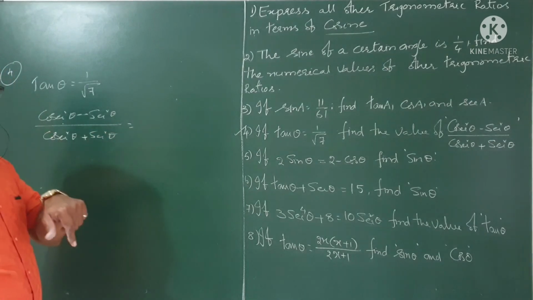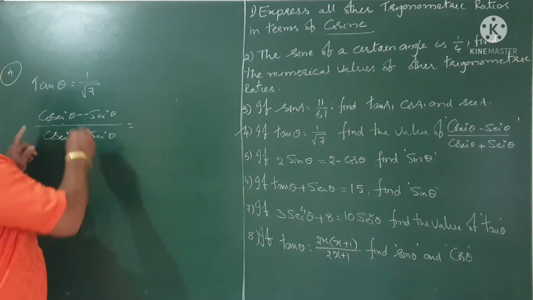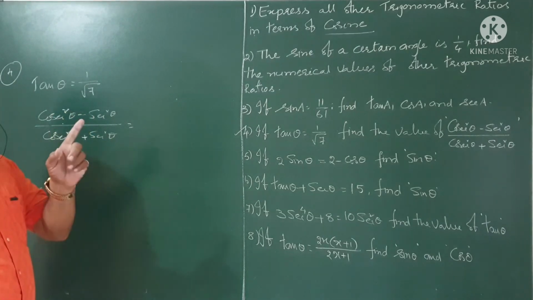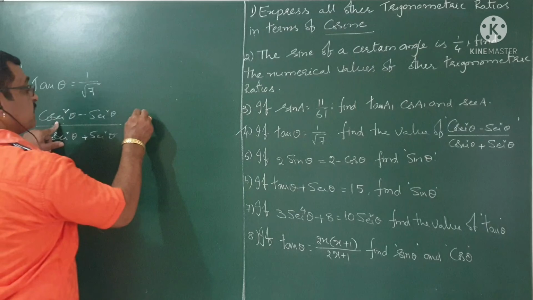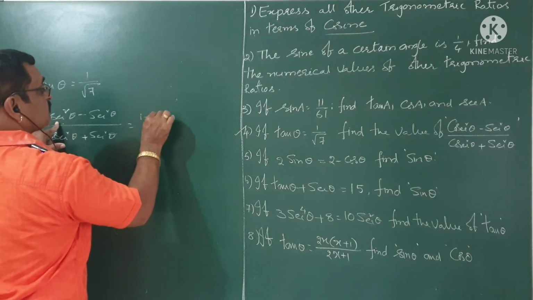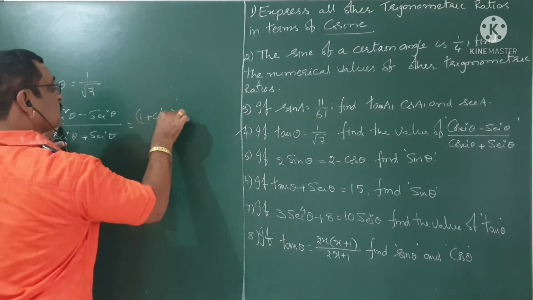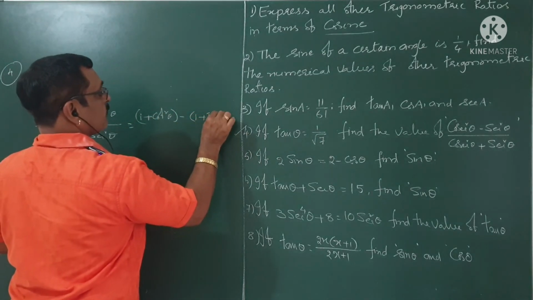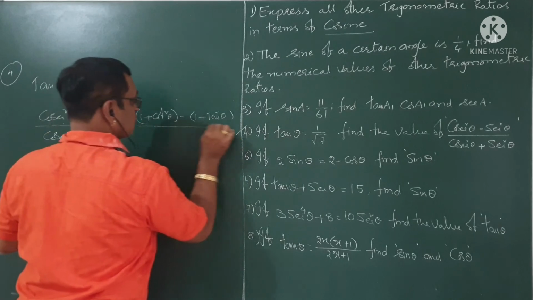By using identities, I will convert this cosecant square and secant square in terms of tan theta and cot theta. Cosecant square theta is nothing but 1 plus cot square theta, minus secant square theta, and this is nothing but 1 plus tan square theta.